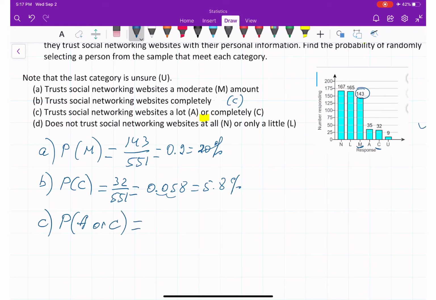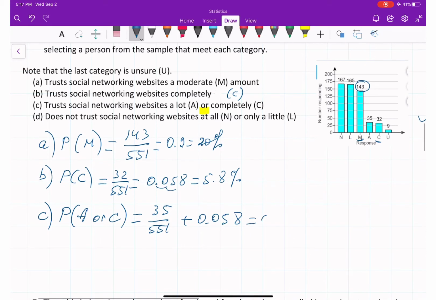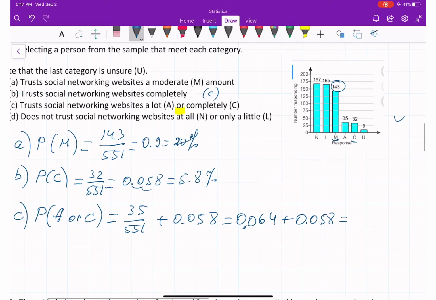So A, trust a lot, is going to be 35 over 551. And C, we already know is 0.058, so we don't need to go through the calculation again. So this is equal to 0.064 plus 0.058. We are getting 0.122.